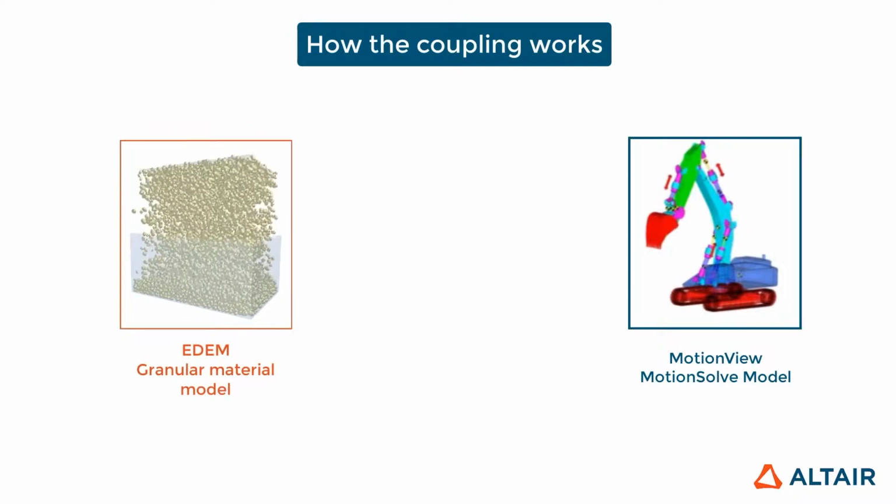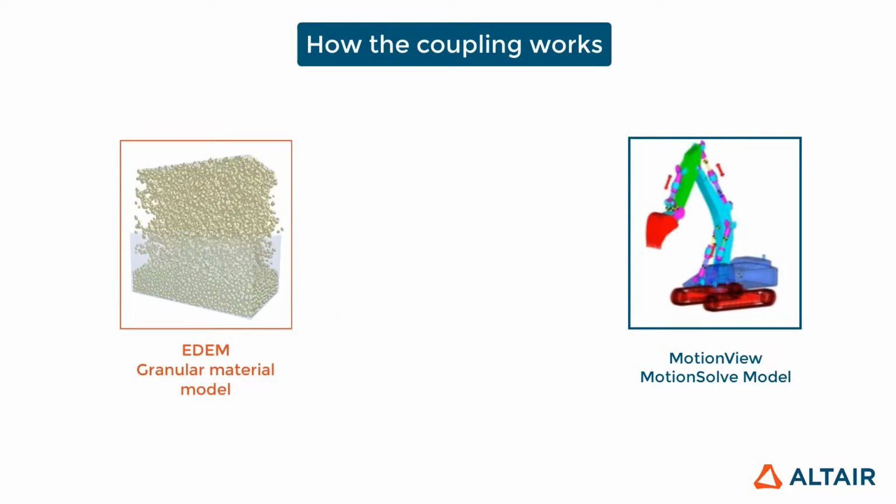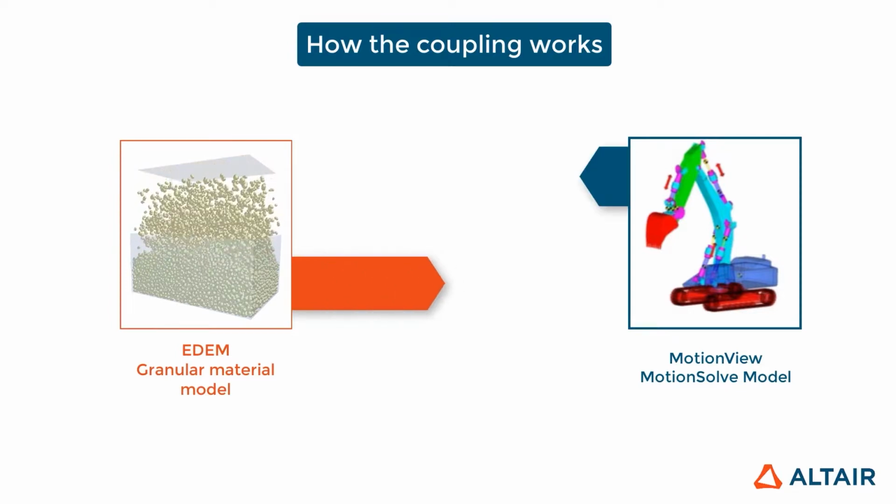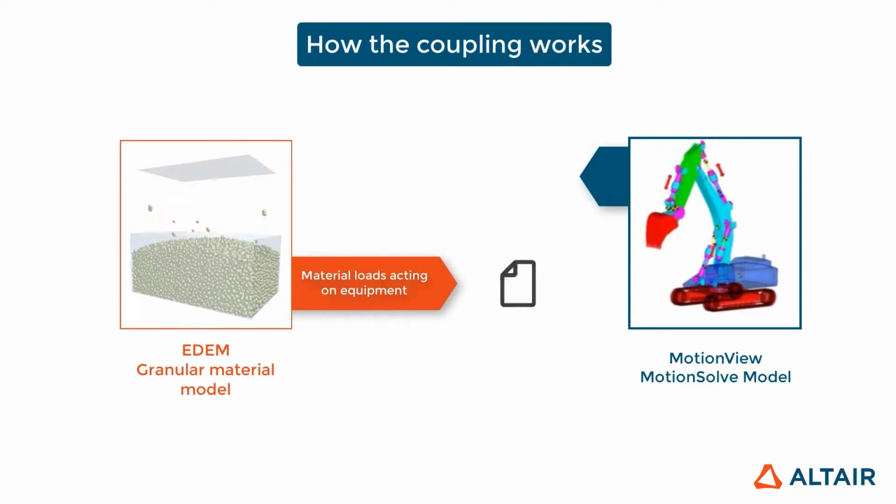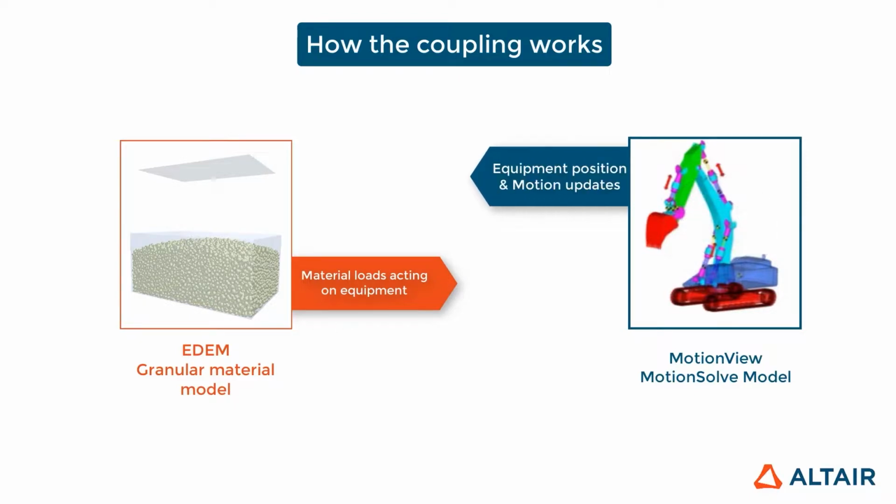The EDEM MotionSolve coupling transfers the bulk material load directly from EDEM into MotionSolve. Then the bulk material loads are used in MotionSolve to understand the effect on the equipment dynamics. The updated dynamics are passed back to EDEM to provide a realistic force feedback throughout the simulation.